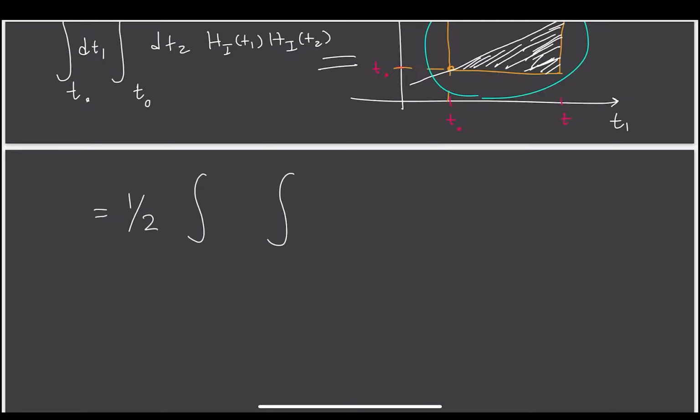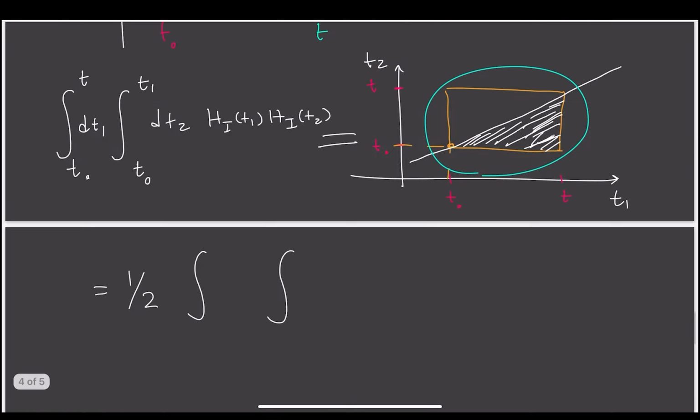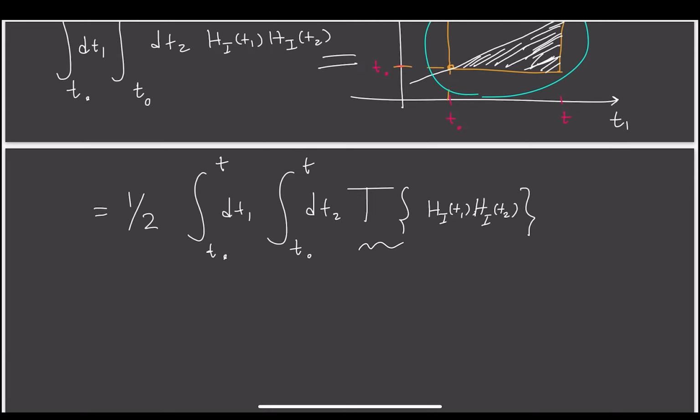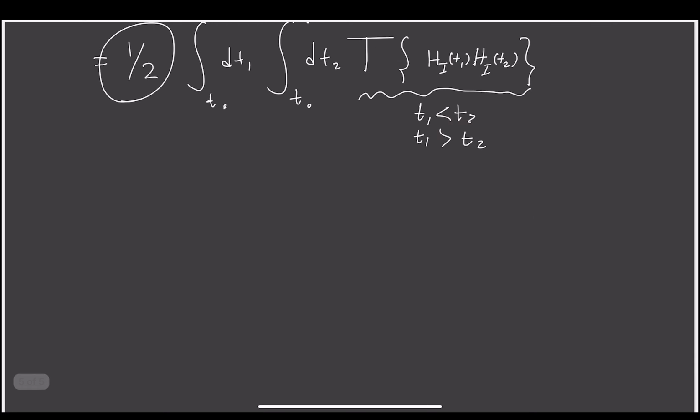Now I have two integrals for the rectangular area, but these two have fixed boundaries, both simply from t0 to t, with dt1, dt2, and what I call time ordering between H(t1) and H(t2). When calculating this integral, I always consider whether t1 is larger than t2 or t2 is larger than t1, so I'm ordering them the right way, and at the end I also have this 1 over 2 factorial. Then I can find the generalized solution for the n-dimensional case.